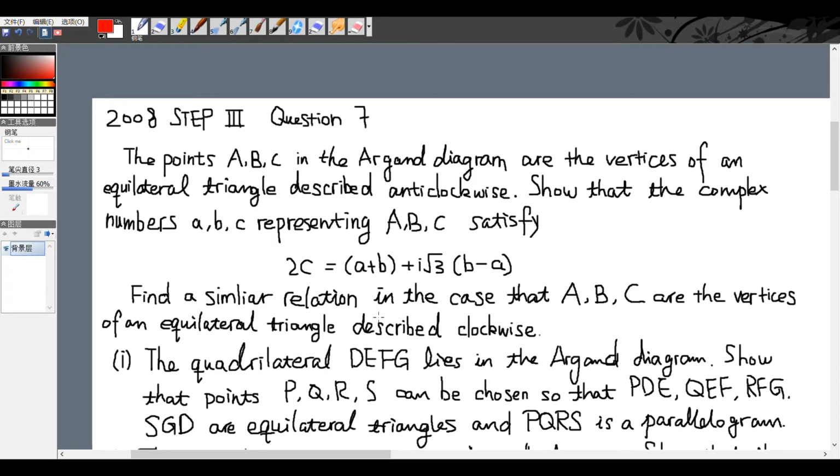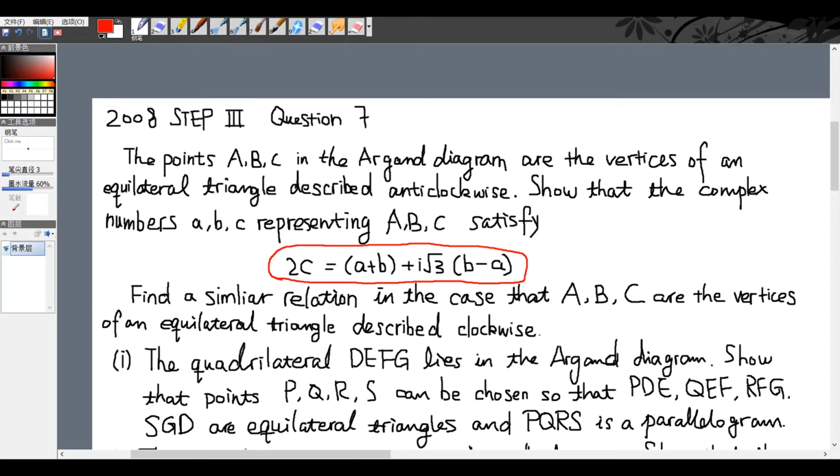Next, the problem asks us to show that the complex numbers a, b, and c representing A, B, C satisfy 2c equals a plus b plus i times the square root of 3 times bracket b minus a.